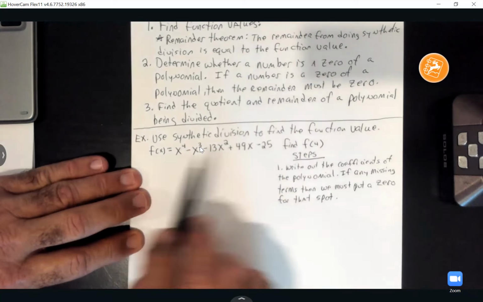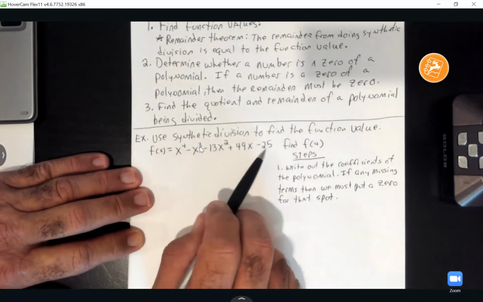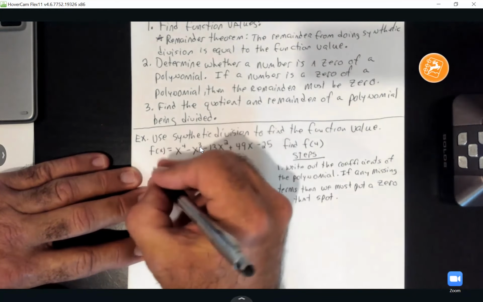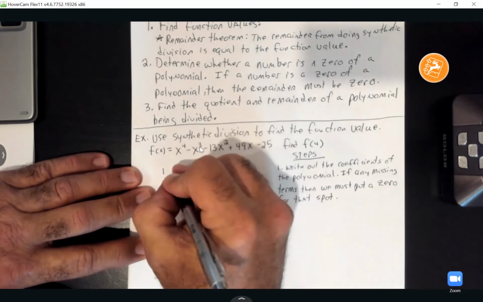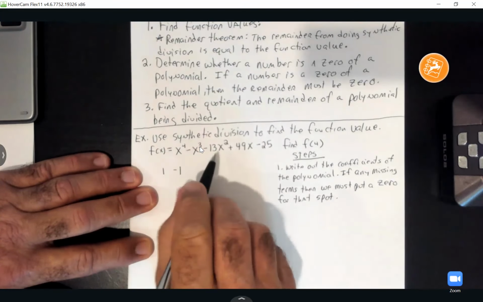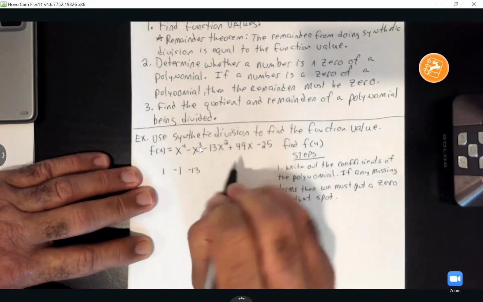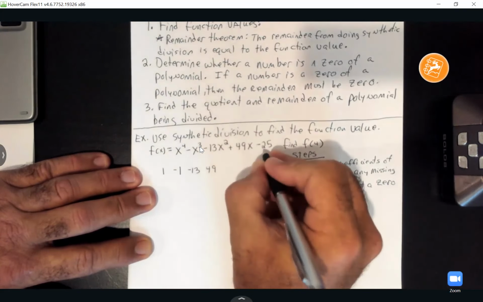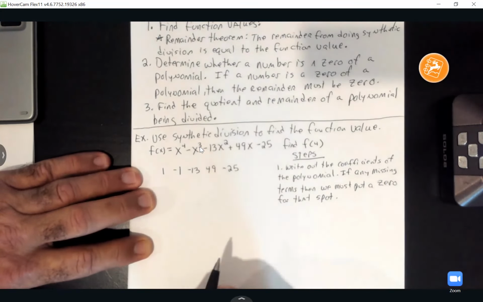So write out all the coefficients. So here's my x4, x3, x2, x term, and my number term. So the coefficients are just a number. So no number in front of the x4 means it's a 1. x3 would be a -1. The x squared term is a -13. The x term is a 49. And then the number at the end is a -25.